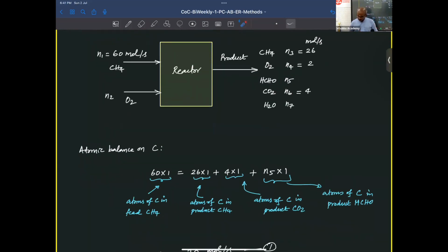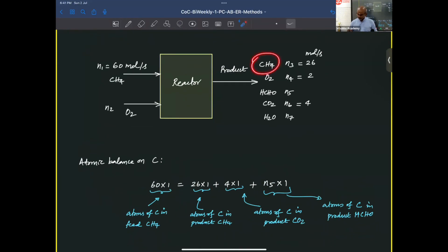And carbon leaves as methane as such, and in formaldehyde and in CO2. We know the methane amount in the product, which is 26 moles per second, and 1 mole has 1 C. We know the flow rate of CO2, which is 4 moles per second, and 1 mole has 1 C, so 4 into 1.